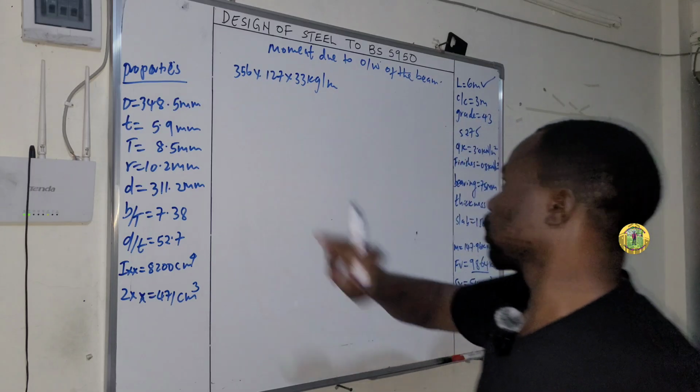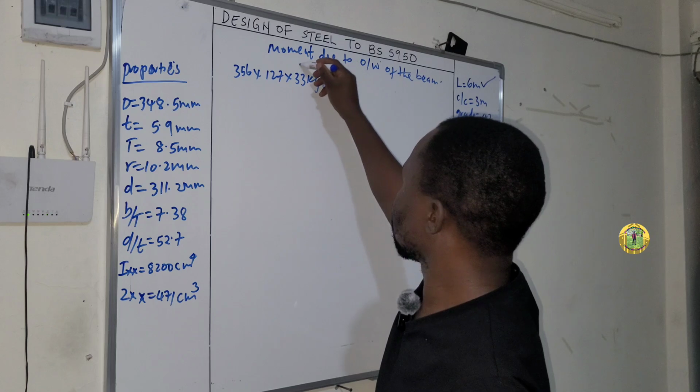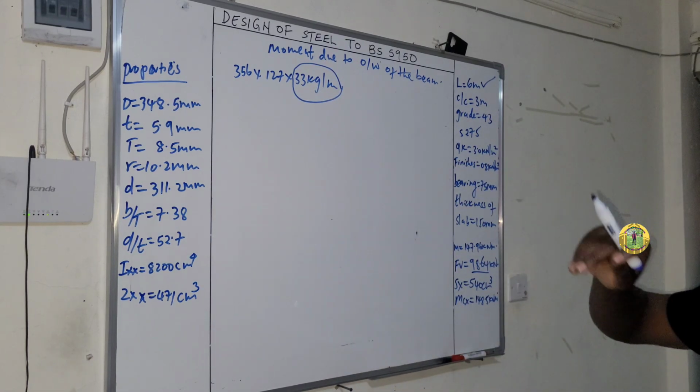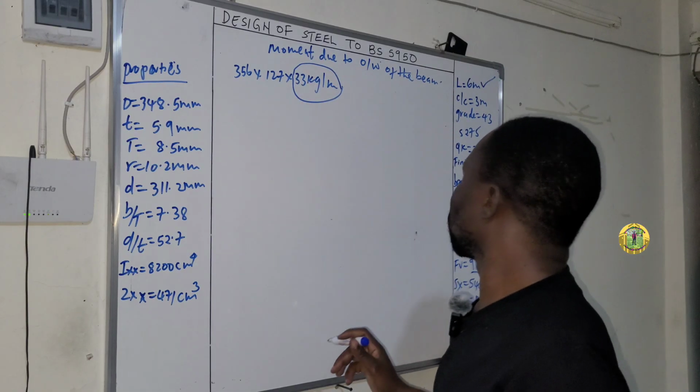This is the depth of the section, this is the width, and this is the mass of the selected universal beam steel.